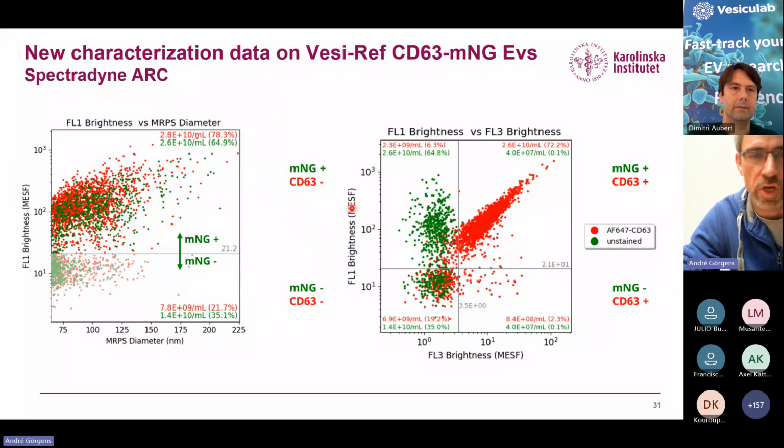Dimitri just shared with me yesterday and a few days ago some preliminary data that we received after sending these, in this case only Vesi-Ref CD63-mNG EVs, to different companies that produce analytical instruments. Here's some data from the Spectradyne nCS1, showing some quantification of mNG positive versus mNG negative EVs in this sample, and also staining with CD63 antibodies.